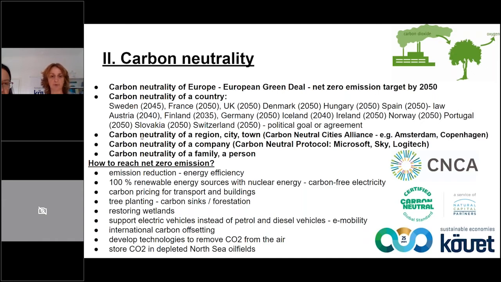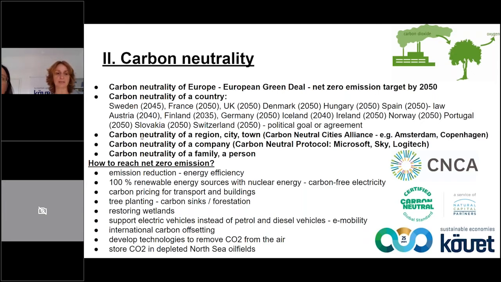This carbon neutral protocol is also a method for how a company can reach this carbon neutrality and how it can be accounted. For example, Microsoft, Sky, and Logitech are also part of this carbon neutral protocol. And of course, you can also think about carbon neutrality of a family or a person.